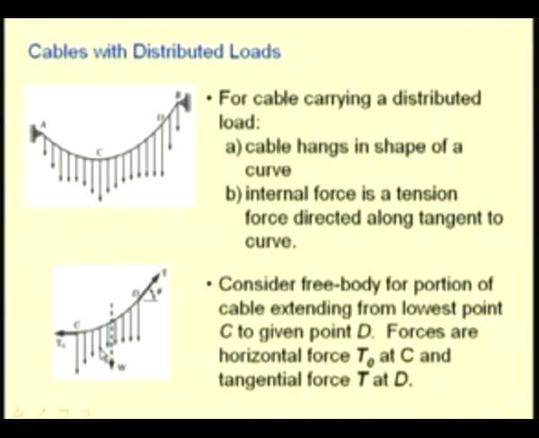So, in order to solve, let us consider a portion of this cable, let us say this portion CD, and draw the corresponding free body diagram. At C, since the tangent to this curve is horizontal, the tension is T naught, which is directed in the horizontal direction. And at D, this tension force T is along the tangent, and we do not know this angle.